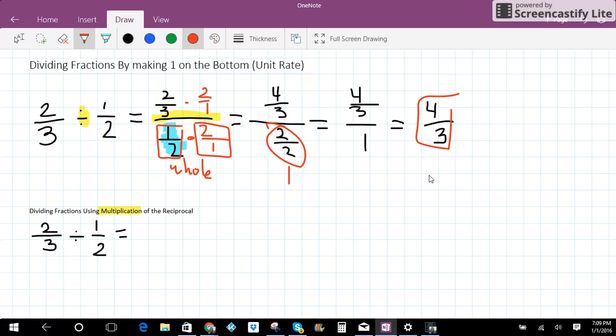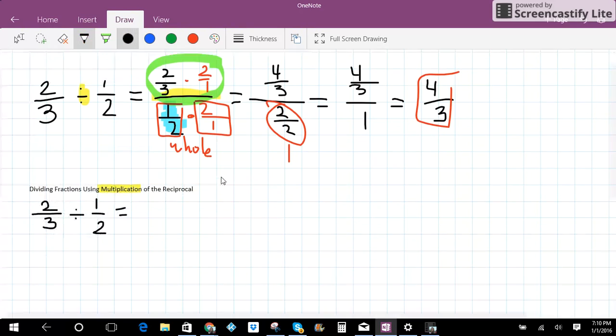Now the second way involves us basically following the steps of the first method, but just looking at the top. If I look at just the top view, I have 2/3 times 2/1, because on the bottom we started with a whole and ended with a whole. I'm going to use that information for the second way.